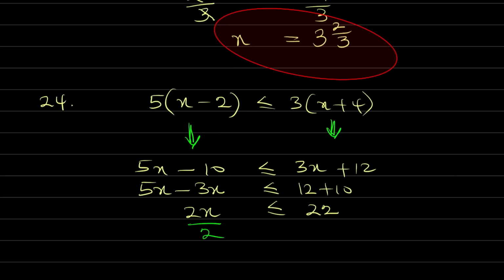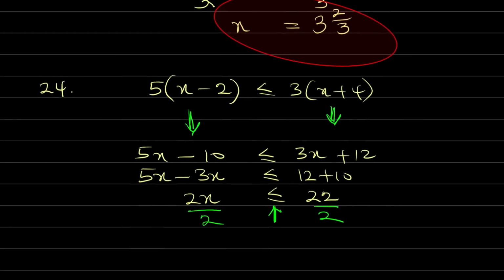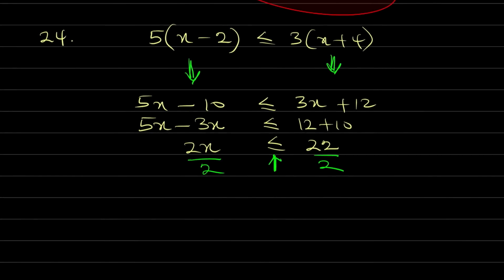Now you ask yourself, is this a positive or a negative number? Because the number we are dividing with, which is 2, is positive, we do not need to change the direction of this inequality. What do I mean by this? Remember when we said if you are dividing by a negative number, you must change the direction of the inequality.